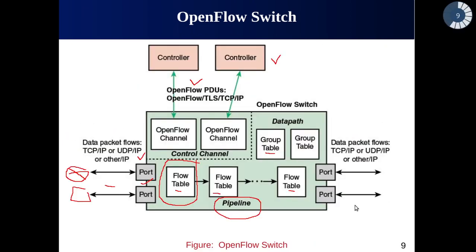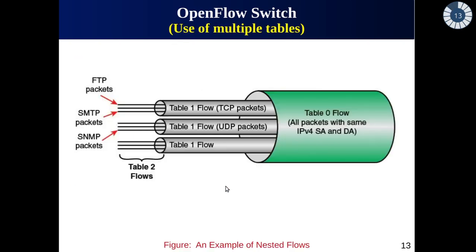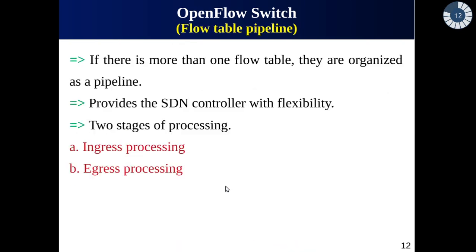Here you can see we can have more than one flow table. In scenarios where more than one flow table is required, we need to organize them as a pipeline.